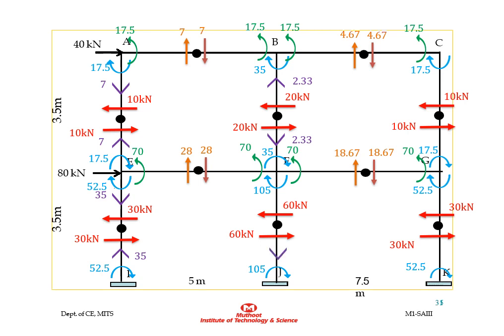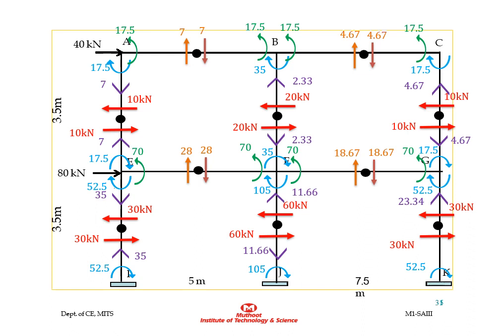Now we are going to calculate the axial force in the columns. To find the vertical loads or axial force in the column, the free body diagram of joints is considered. First, we consider the free body diagram of joint A for the vertical equilibrium condition. Then the axial load on column AE will be 7 kilonewton acting downwards, or tensile in nature.